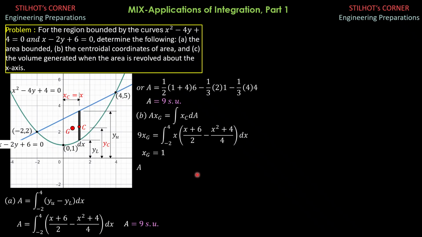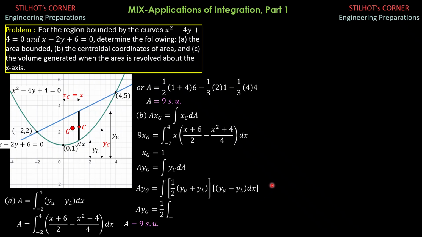Similarly, area times yg equals the integral of y sub c dA. Again, y sub c is the average, 1 half of upper y plus lower y, then dA is upper y minus lower y dx. So simplifying, area times yg is 1 half of the integral of upper y squared minus lower y squared dx.